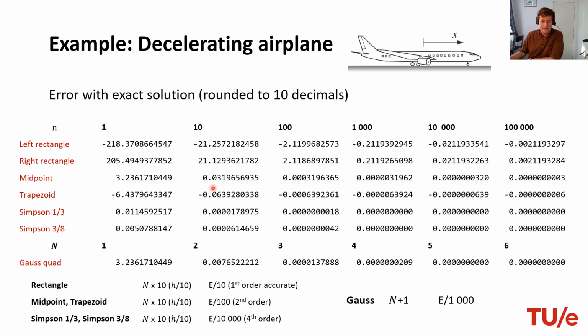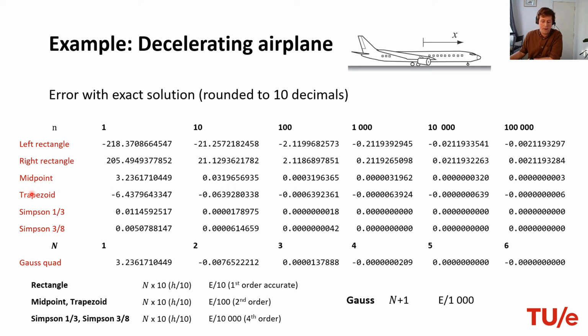If we take 10 function evaluations, this is already 2 orders of magnitude smaller. So the error has decreased by a factor of 100. Again, from here to here, we multiply n with 10, so that means dividing h by 10, and the error is divided by a factor of 100 again. So this clearly shows nicely second order behavior.